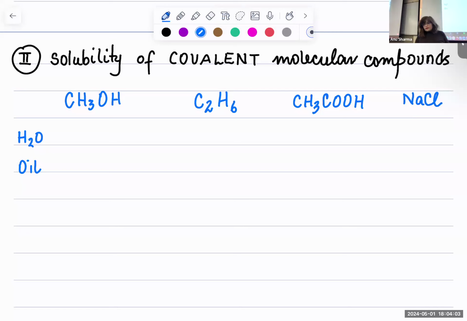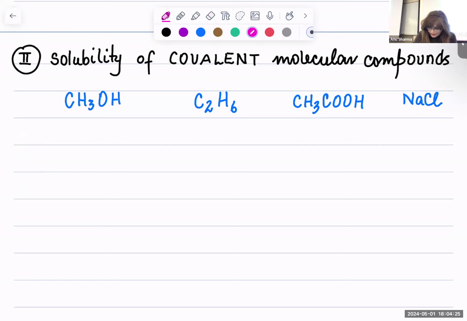Okay, soluble in water: is methanol, the first one, soluble in water? The first one, water and CH3OH. Okay, so you guys are not fair. So the way to do this is, let me just remove this here. Soluble in water.